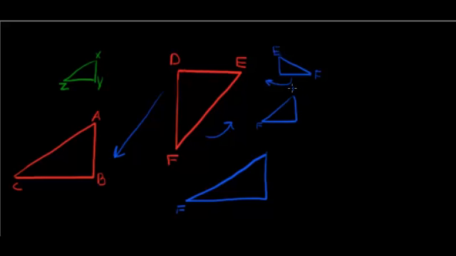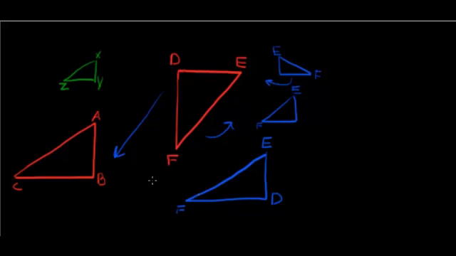So that means E still stayed up top here. At the same time, as we rotated it, D moved to this spot, and when it flipped, D stayed down here. So now we have our two triangles.